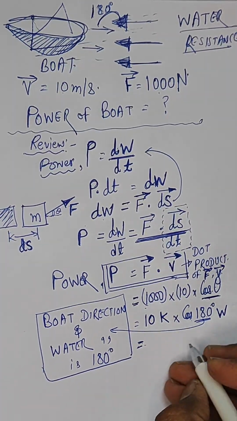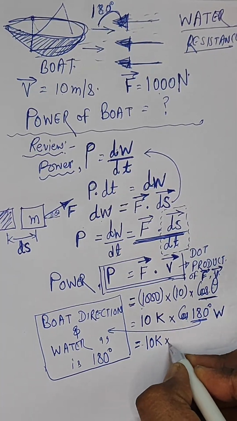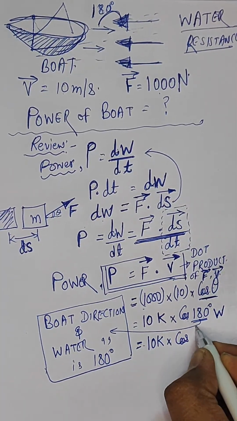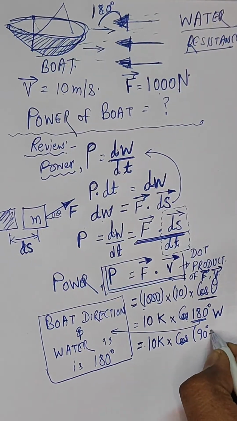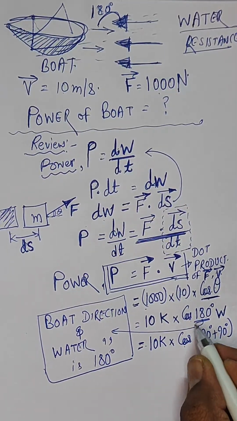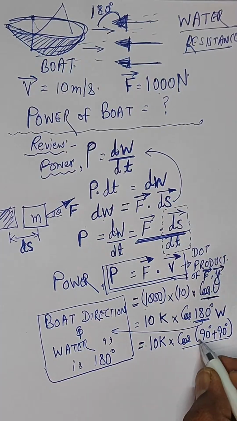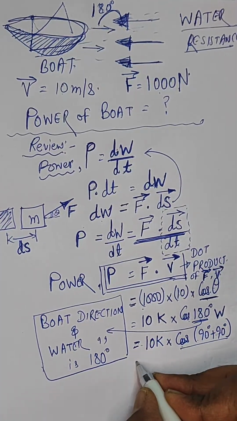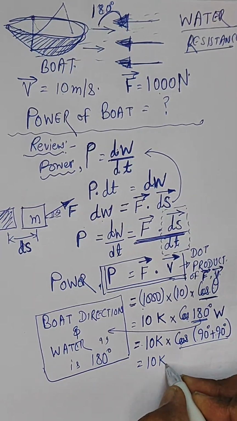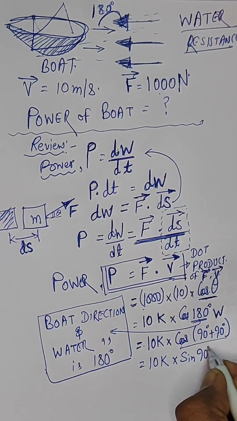And cos 180 degree can be written as 10k multiplied by cos of 90 degree plus 90 degree, right? What is the value of cos 180 degree, which we can identify? Cos 90 plus theta is sin theta. So we can write it as 10k multiplied by sine 90 degree.